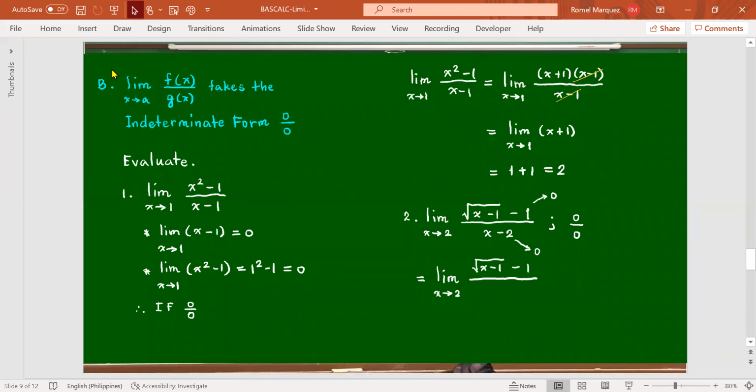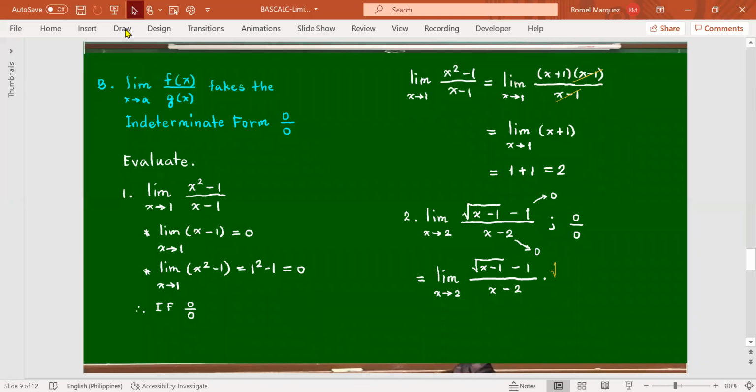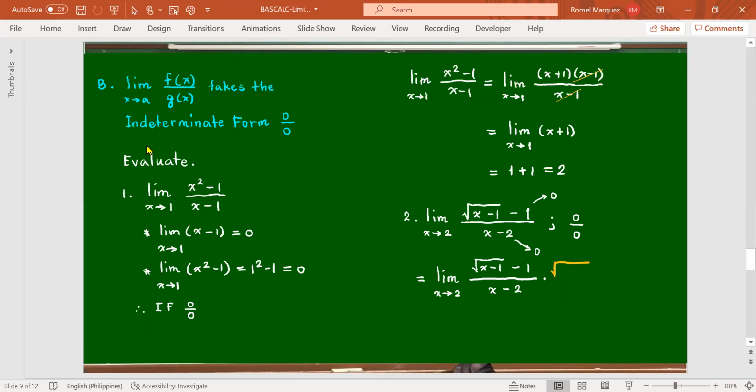We're going to multiply numerator and denominator by its conjugate. Ano ang conjugate niya? Square root of x minus 1 plus 1. Same thing sa denominator, we multiply by square root of x minus 1 plus 1.